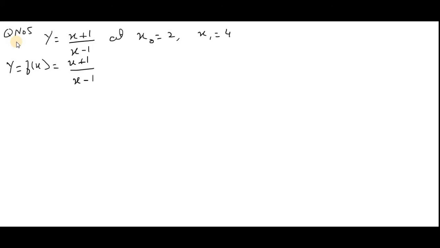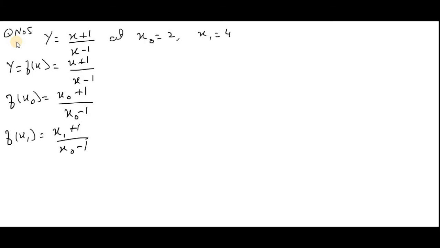Then replacing x with x0 and x1 respectively, we get f of x0 is equal to x0 plus 1 over x0 minus 1, and f of x1 is equal to x1 plus 1 over x1 minus 1.